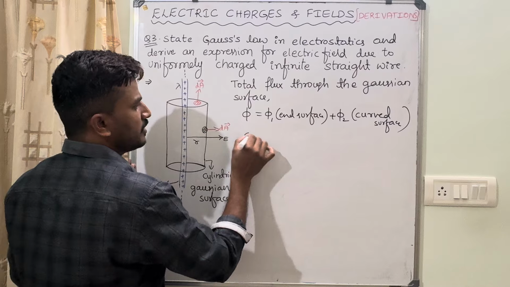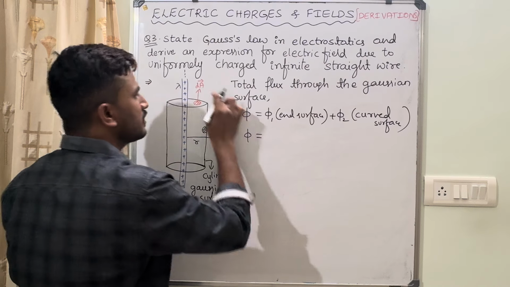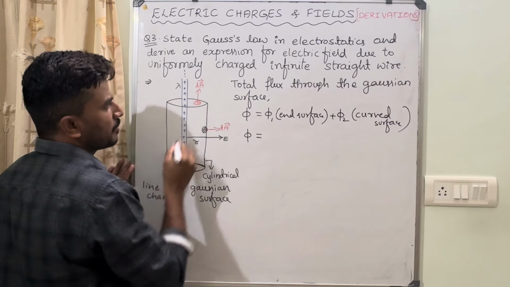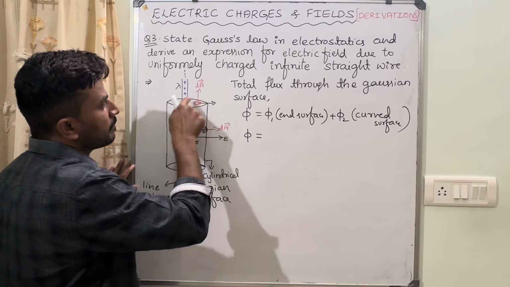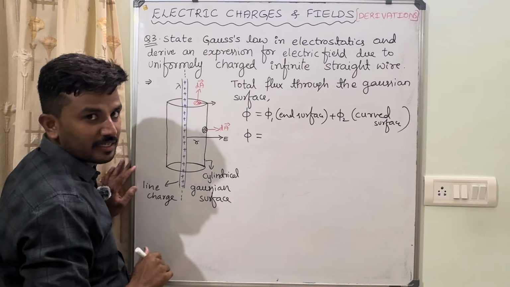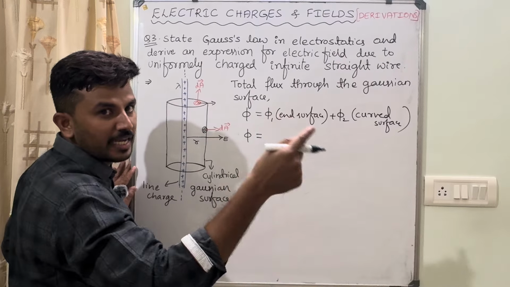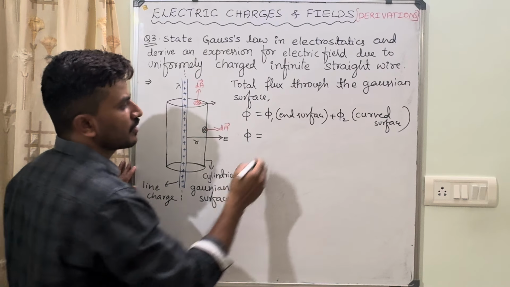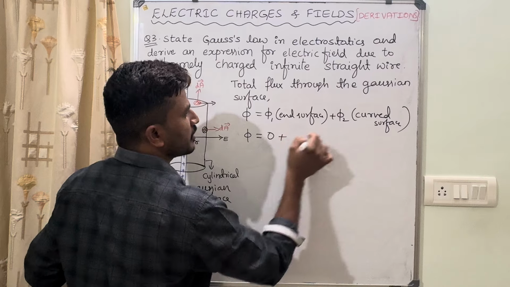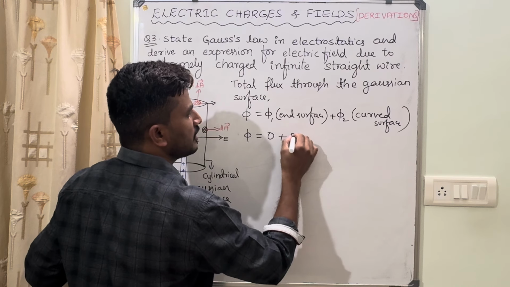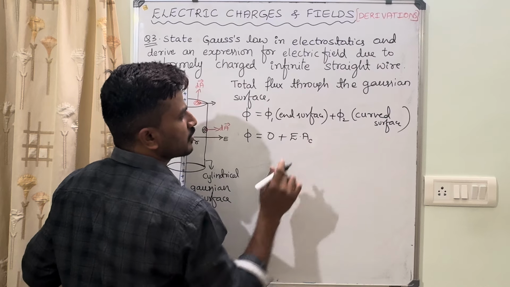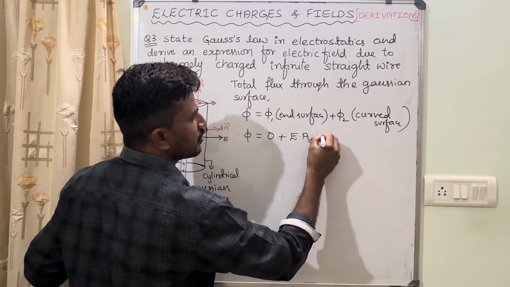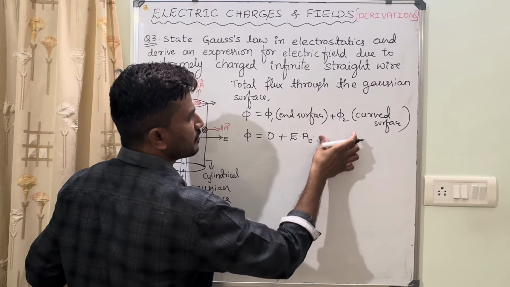Now the flux through the end surfaces will be 0 because the electric field is perpendicular to the area vector, theta will be 90 degrees, E into A into cos 90 degrees is 0. So the flux through the end surfaces is 0 plus the flux through the curved surface, E into the area of the curved surface, A curved, into cos 0 degrees, which is 1.